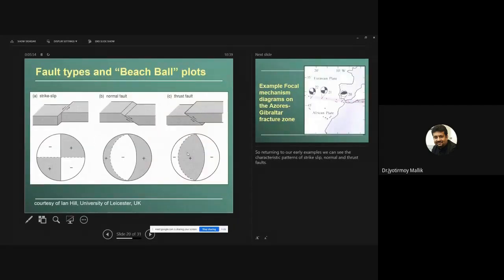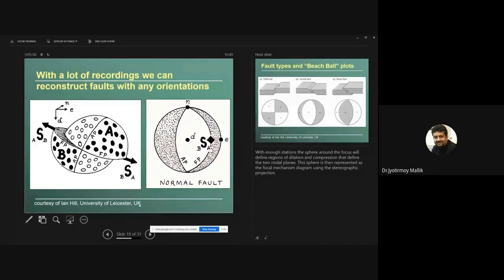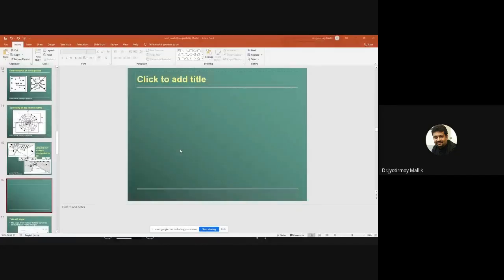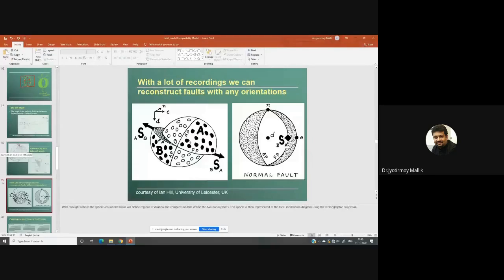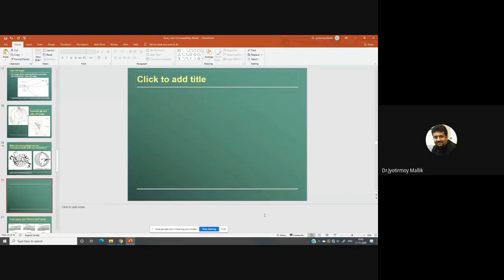Now let us look at a thrust, which is not given here. We can do it by ourselves. Or shall we leave this one for you to try out, how the thrust will look?